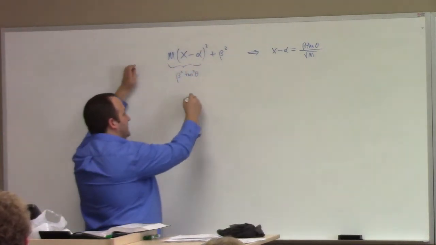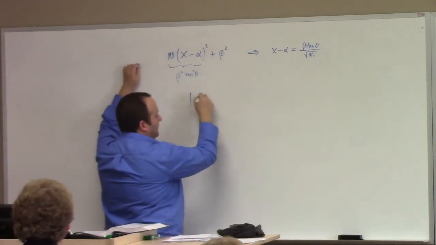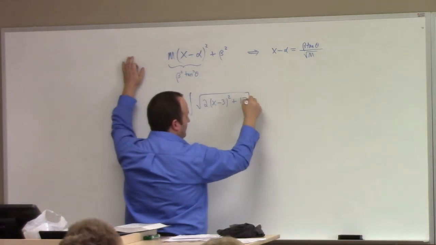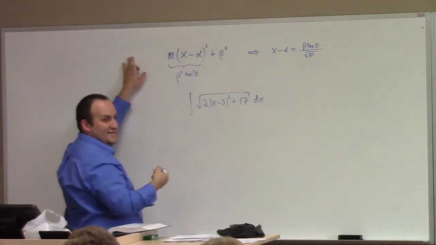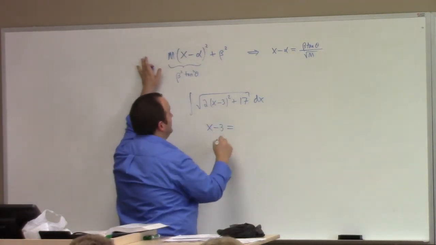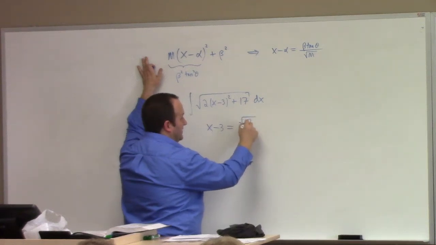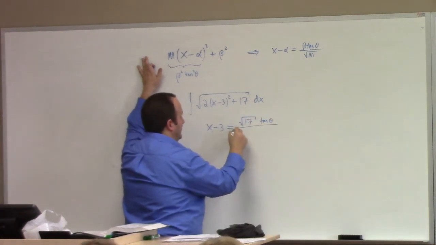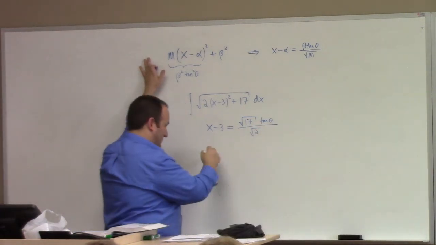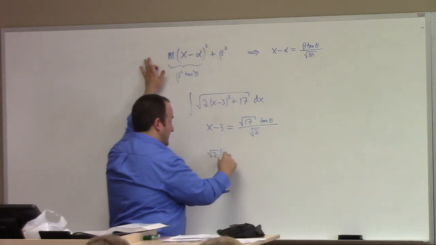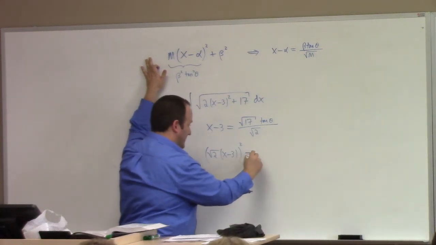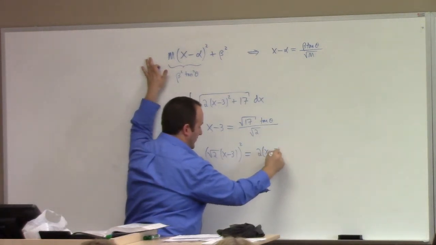For example, if I was going to try to integrate the square root of 2 times x minus 3 squared plus 17, which is pretty awful, then I'm pretty sure if we make x minus 3 equal to square root of 17 tangent theta divided by the square root of 2, that will serve us well. Because then square root of 2 times x minus 3, that squared, right? That's going to be 2 times x minus 3 squared, but what else is it going to be?